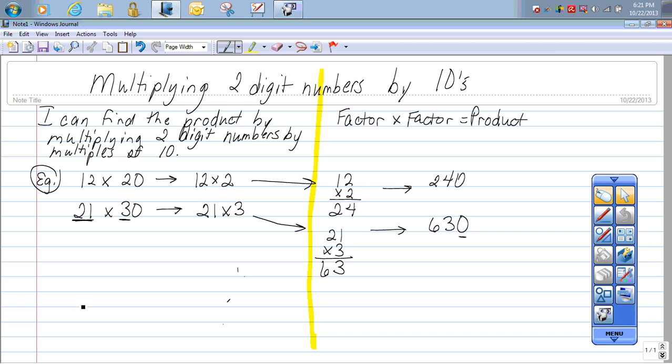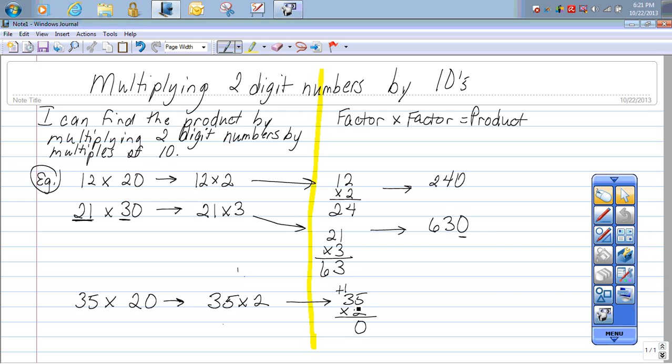Third example. Let's do 35 times 20. Now, in this situation, when we see that 2, we should be thinking doubles, doubling. So 35 times 2, if we double that number, let's just write it this way so we can practice our short multiplication. 2 times 5 is 10.